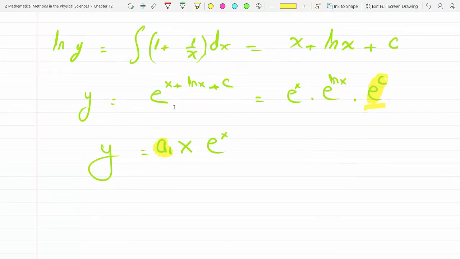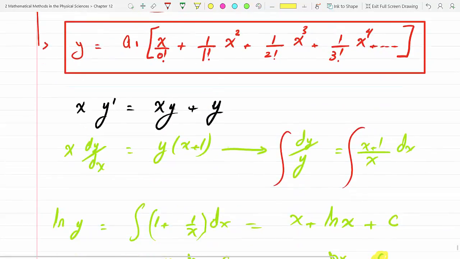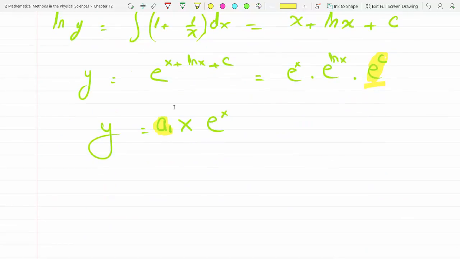Okay, now by looking at this final answer, someone naively may think that it's not the same as the answer I got first, except when you stop to think what this guy is.